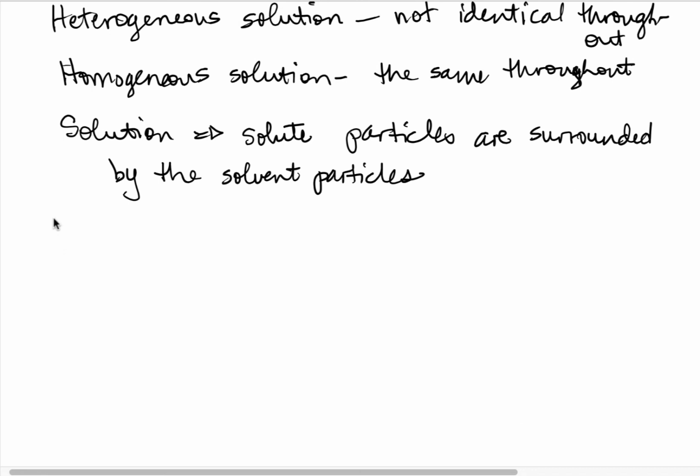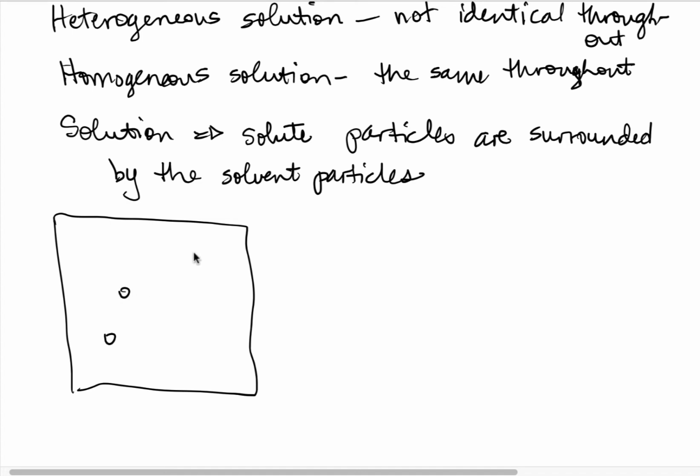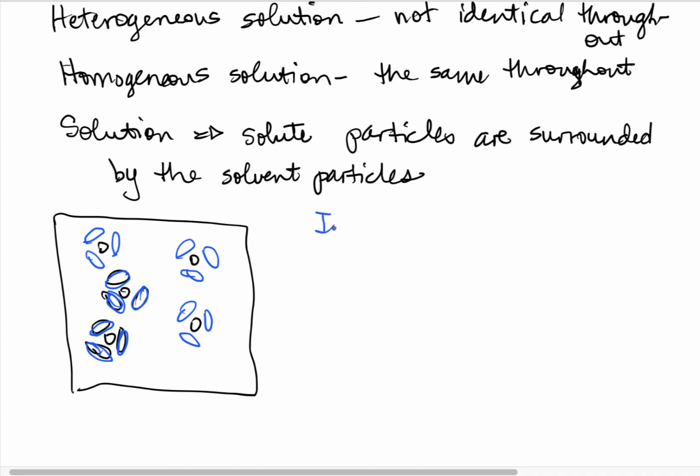One of the easiest ways for us to think about that is in a water sample, where I have some solute particles and then I have water molecules that are surrounding them. I should probably use a different color. So all of these solute particles, regardless of what they are, are going to be surrounded by our solvent particles. And that is what it means for something to be dissolved. If our particles are not dissolved, then they are insoluble.